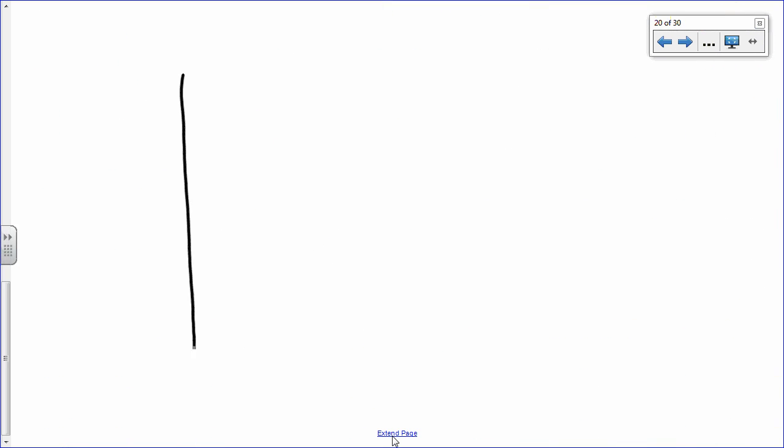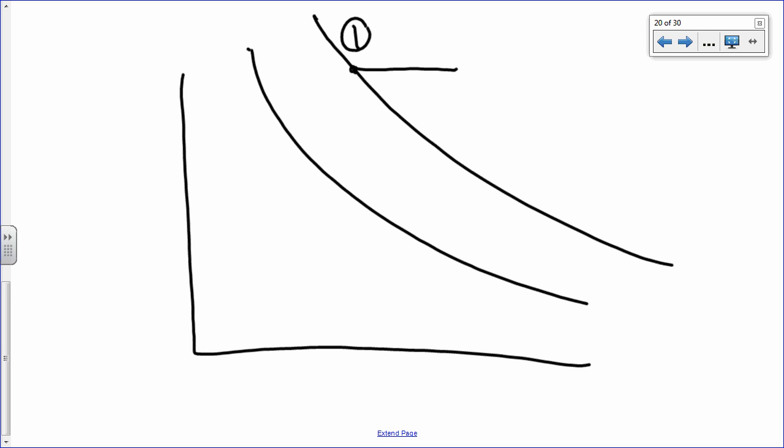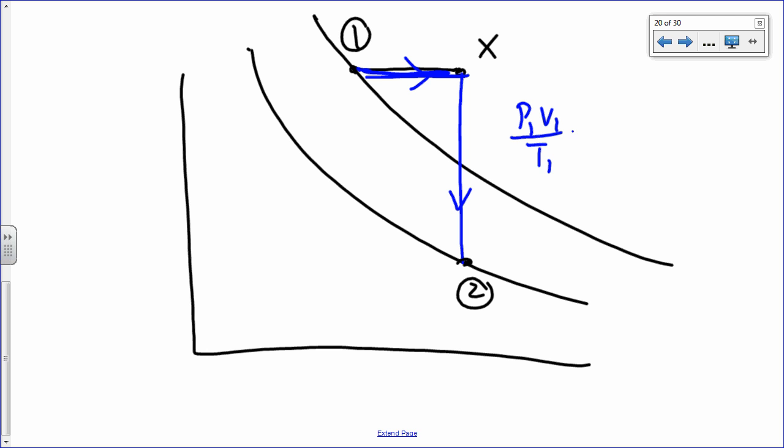Let's magnify that a little bit. Let's say that's point 1, and this is point X. So isobaric there, and then this is your final point right here, point number 2. How do I get T sub X? I know that P1 V1 over T1 equals Px Vx over Tx, right?